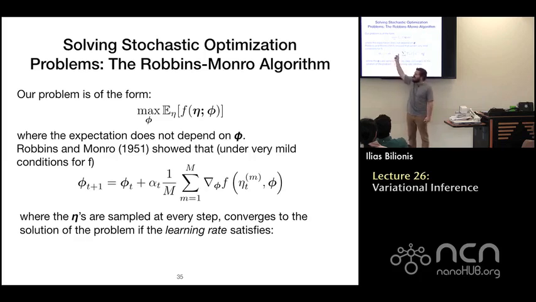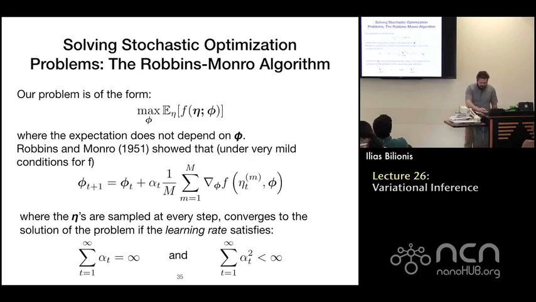These things here, this alpha t, which is known as the learning rate, has to satisfy a very specific property. And the property is this. The sequence of learning rates must diverge, but its square must converge, the sum of the learning rates. So this thing here, that the fact that the sum of the squares converges, tells you that the learning rate itself goes to 0.